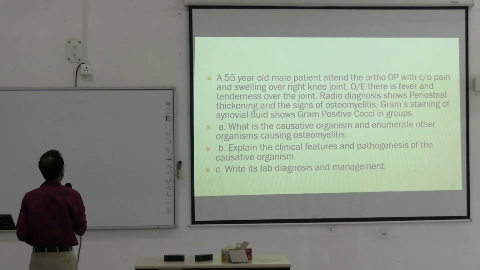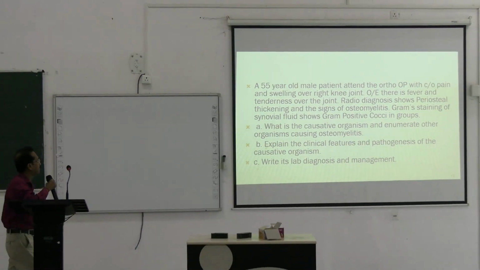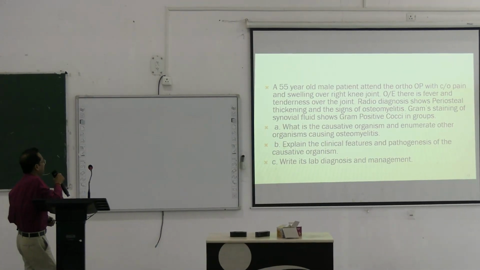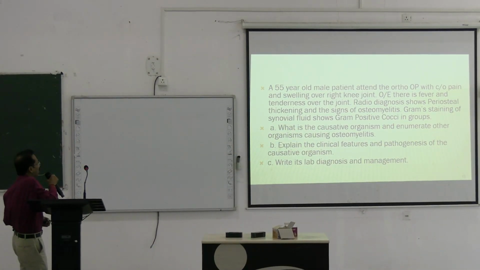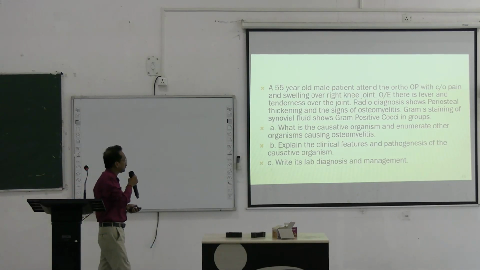This is a question. A 55-year-old male patient attends the ortho OPD with pain and swelling over the right knee. There is fever and tenderness. Radiology shows periosteal thickening and signs of osteomyelitis. Gram staining shows gram-positive cocci in groups. It is a simple question.